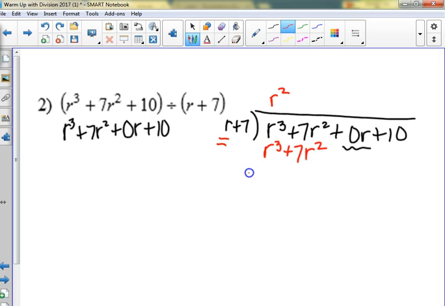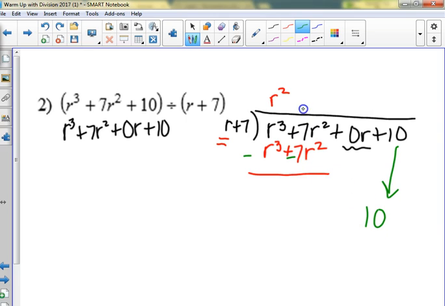Ah, interesting. So when we subtract, both of those drop out. So yeah, we have 0R plus 10, which is just 10. Is anything times R going to become 10?